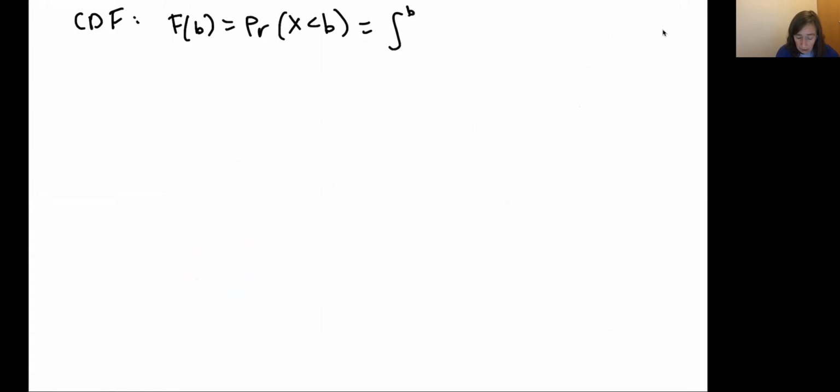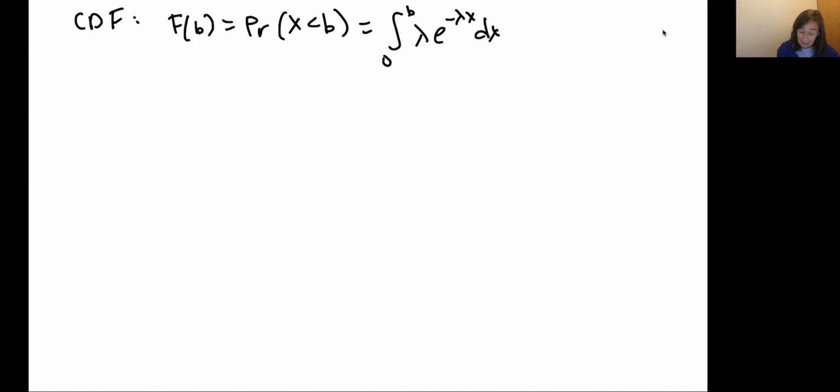For the CDF, let's remind ourselves what we do to get it. We're going to find F of b, which is the probability that x is less than b, as the integral from 0 to b of the PDF. Okay, fine.